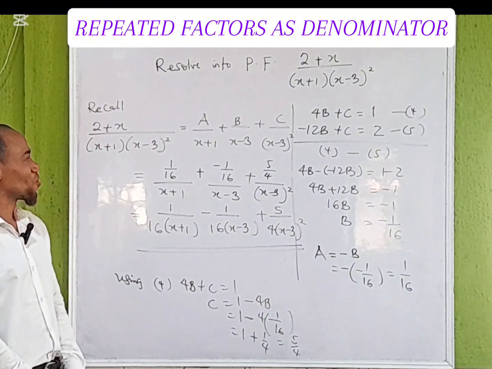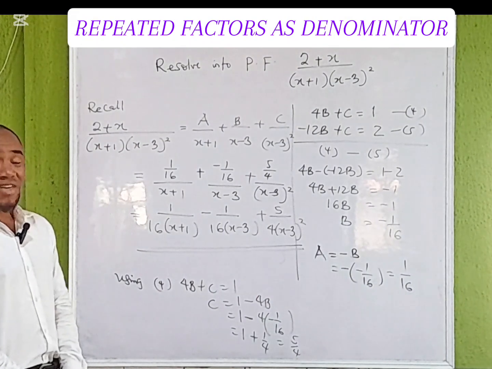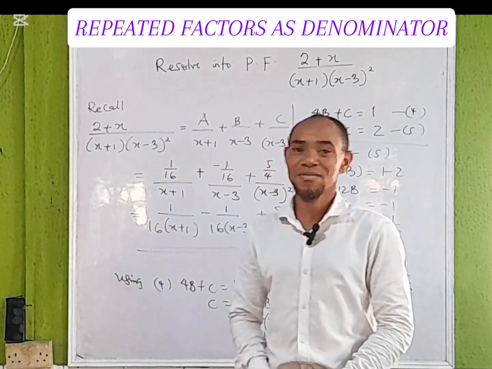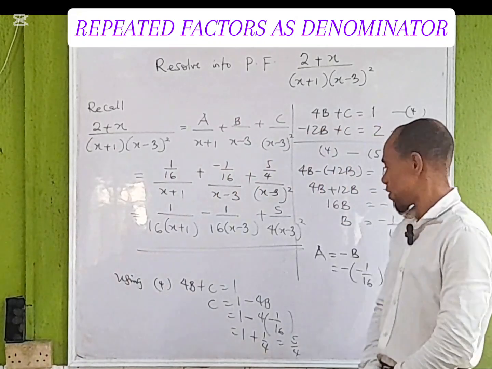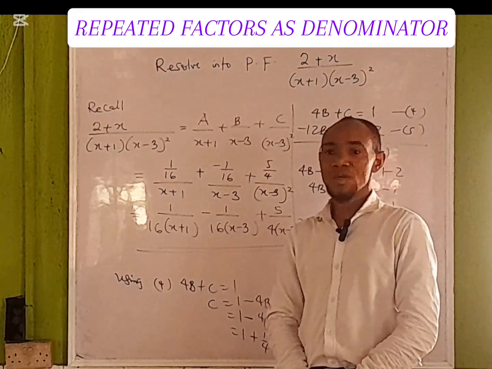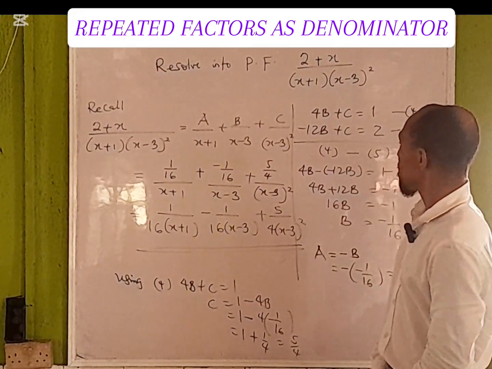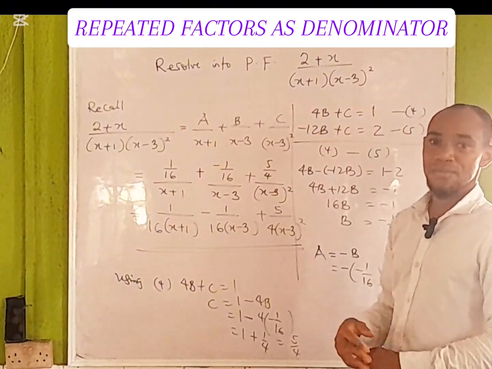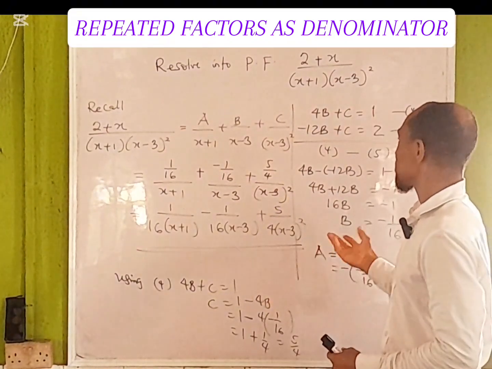It's quite a mouthful, I agree, but it's very interesting. The key is consistency in practice, believing in yourself, and having that confidence. So in summary, repeated root has to do with solving a partial fraction where one of the factors is repeated, maybe once or twice or thereabout.